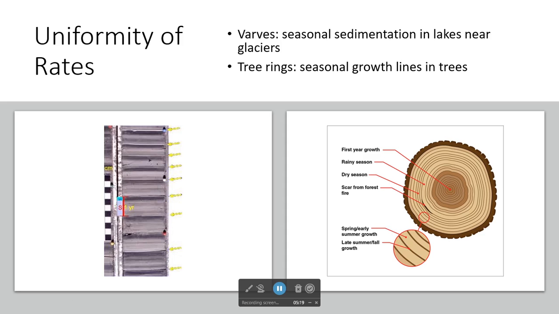So when we look at that thick band with the thin band, it represents one full year. So we get annual bands in tree rings. And other things do this as well, such as clams or corals. We can see growth lines that are annual. So there are some instances where we do have uniform rates.